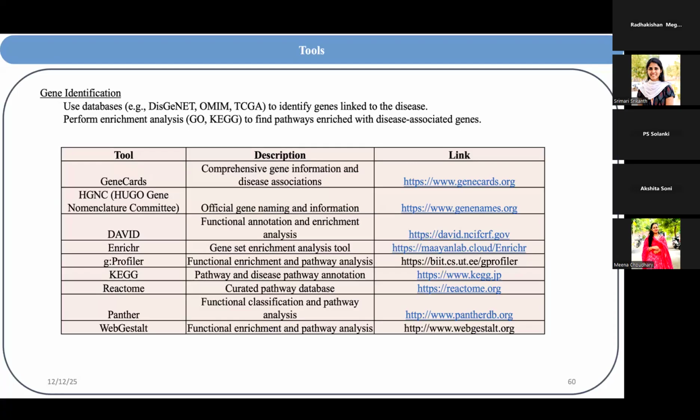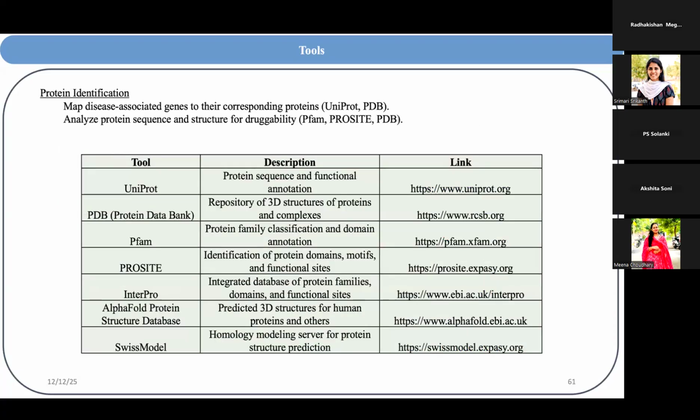So the next one is the protein identification. Once we have gene level information, we have to map these genes to their corresponding proteins. This is crucial because most of the targets are protein structures.